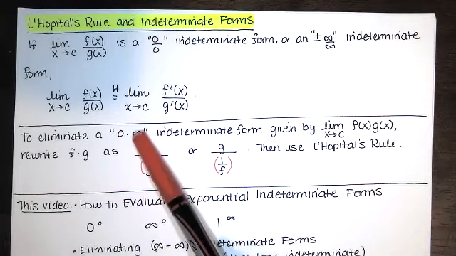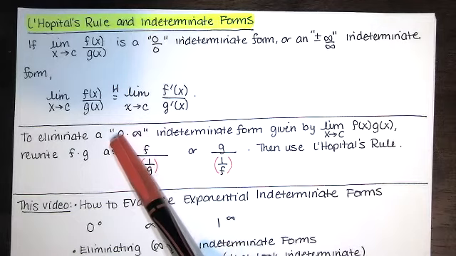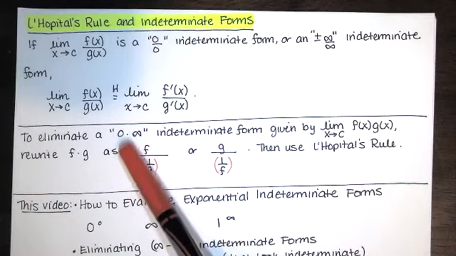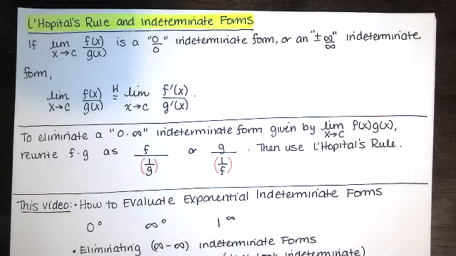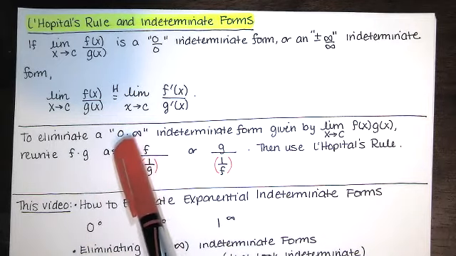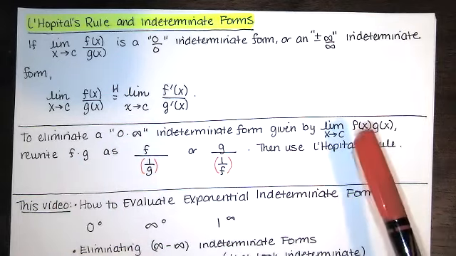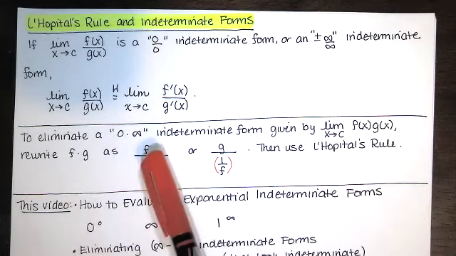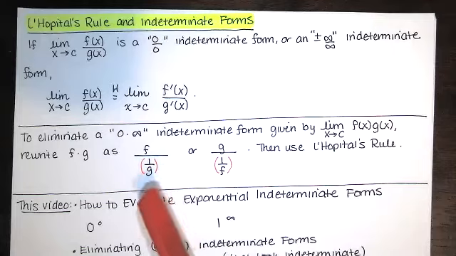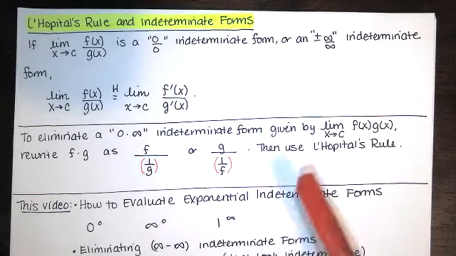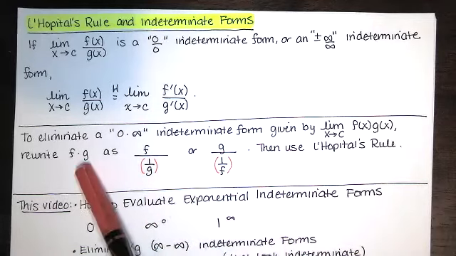Does that one approach infinity faster than that one approaches 0? Then we get infinity. They approach at basically the same rate, so we get a number. We cannot evaluate the limit in that form, but if we rewrite the product f times g as f over 1 over g, or g over 1 over f, well, that's equivalent to this.